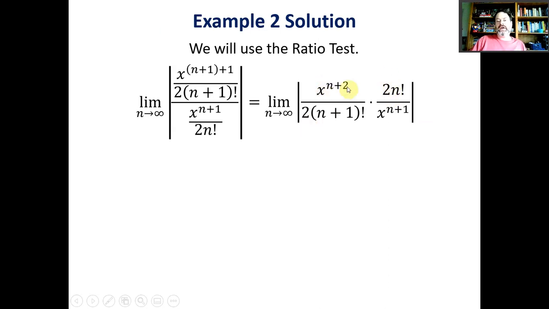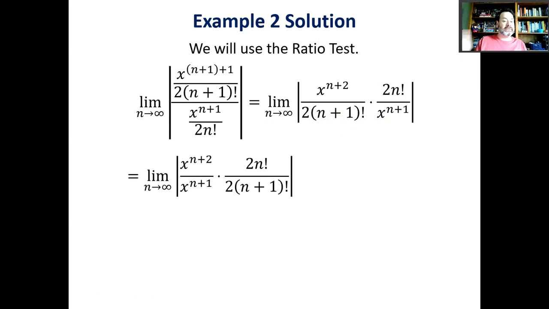We have an x to the n plus 2 and an x to the n plus 1, so all except one is going to cancel. So we're going to get an x in the numerator. And then here's an n factorial and an n plus 1 factorial. That'll just be an n plus 1 in the denominator. So I just rearranged everything.